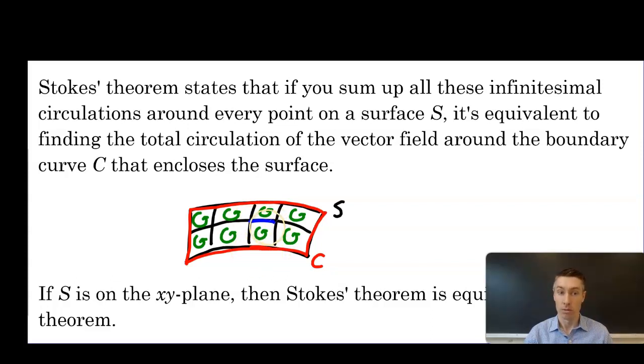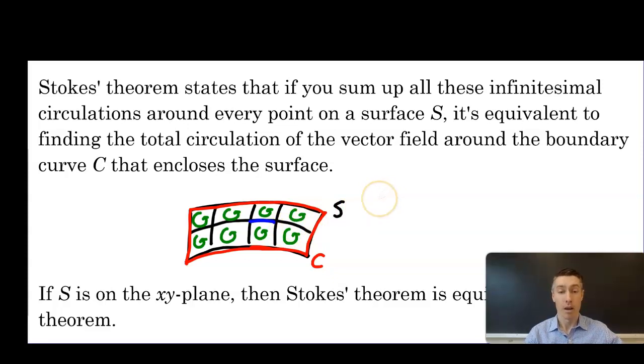Along the blue, it wound up canceling out the circulation from above and below. Yet along the boundary, we have to count that circulation because there's no cancellation. And that's going to happen for all of these pieces that wind up on the boundary of the surface. We put together all those pieces, we create the boundary curve, and then we're really just looking at how the vector field is moving along that boundary curve. So that's a little bit of the theory behind Stokes' theorem.